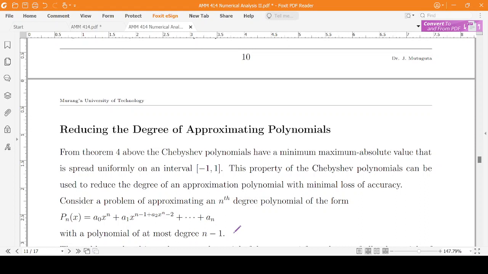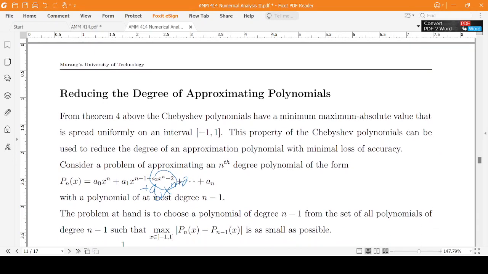We consider the problem of approximating an nth degree polynomial of the form Pn of x equals a0 x raised to power n plus a1 x raised to power n minus 1 plus a2 x raised to power n minus 2, and so on, up to plus an.